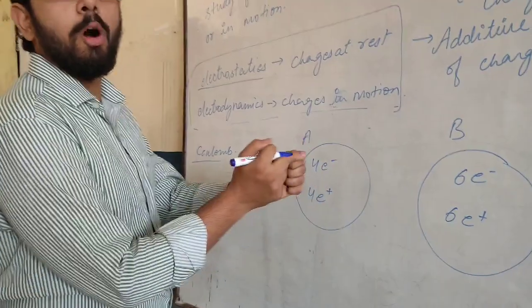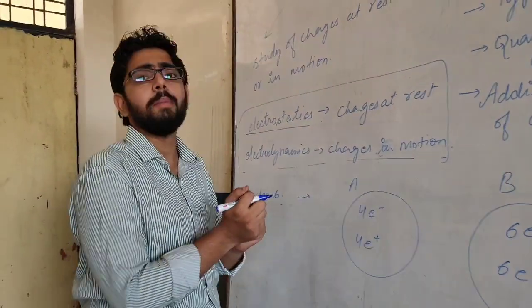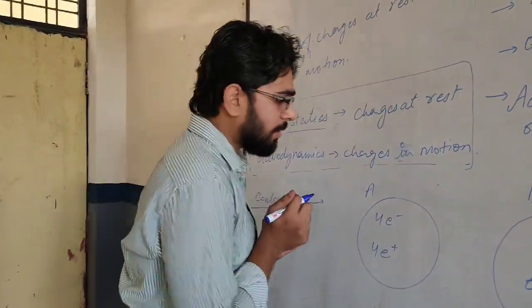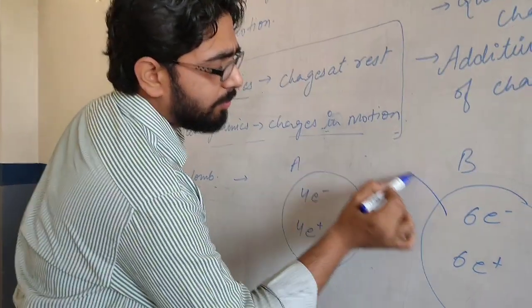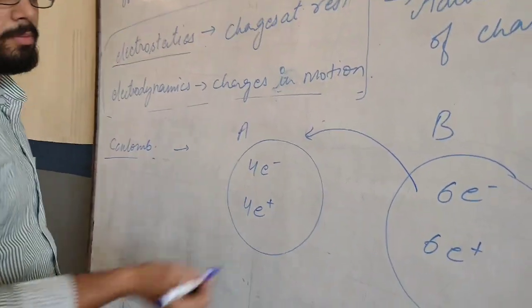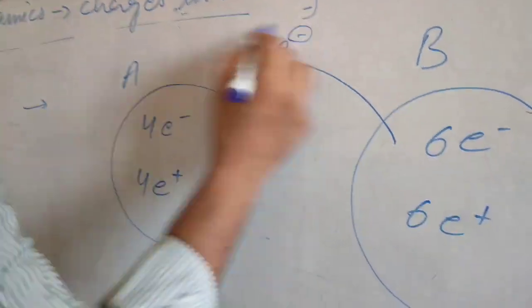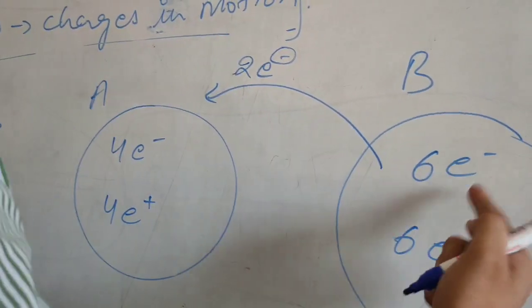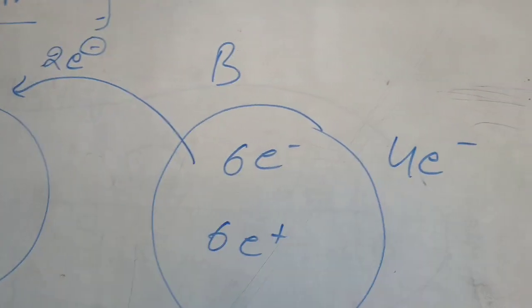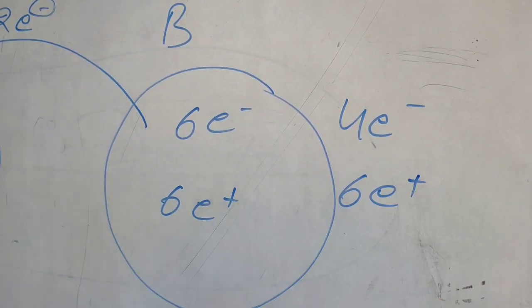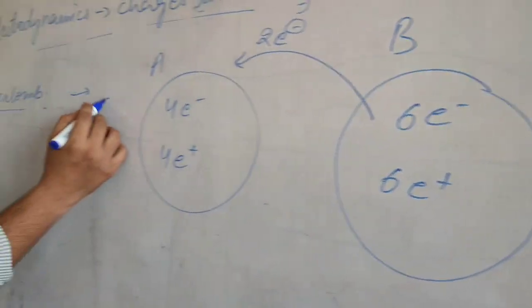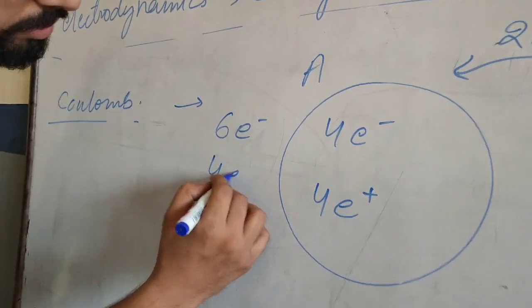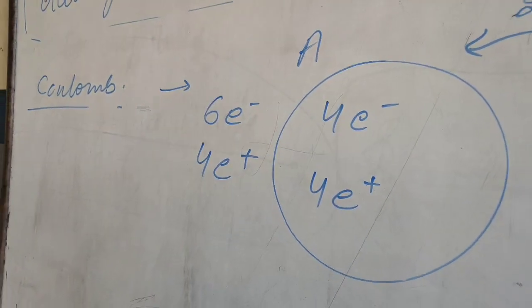I rub these two objects, giving them some energy in such a manner that 2 electrons are transferred from this object to the other. That means 2 electrons have been transferred from here to there, so how many electrons will remain here? Here there will be 4 electrons and 6 protons, and there it is going to be 6 electrons and 4 protons.